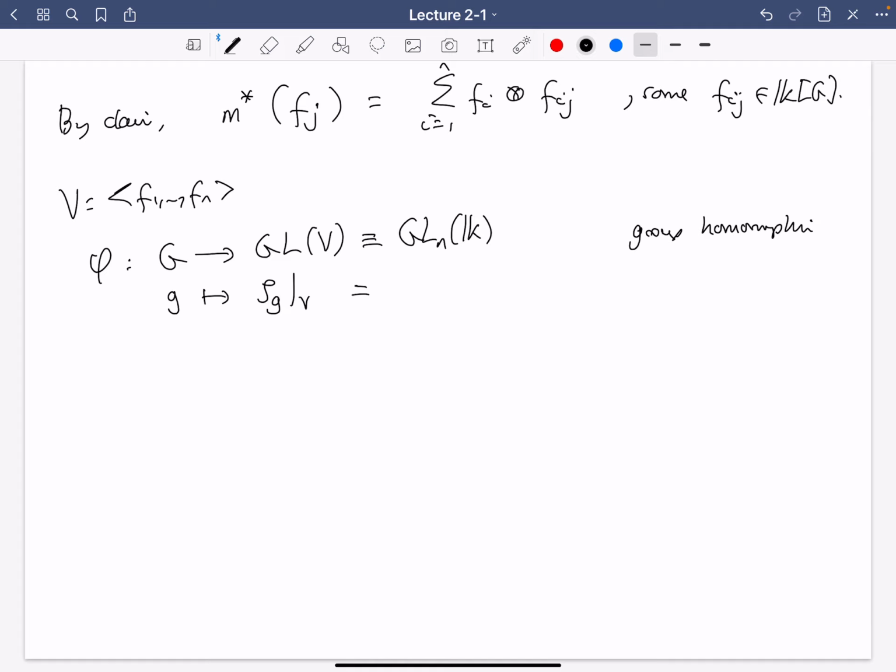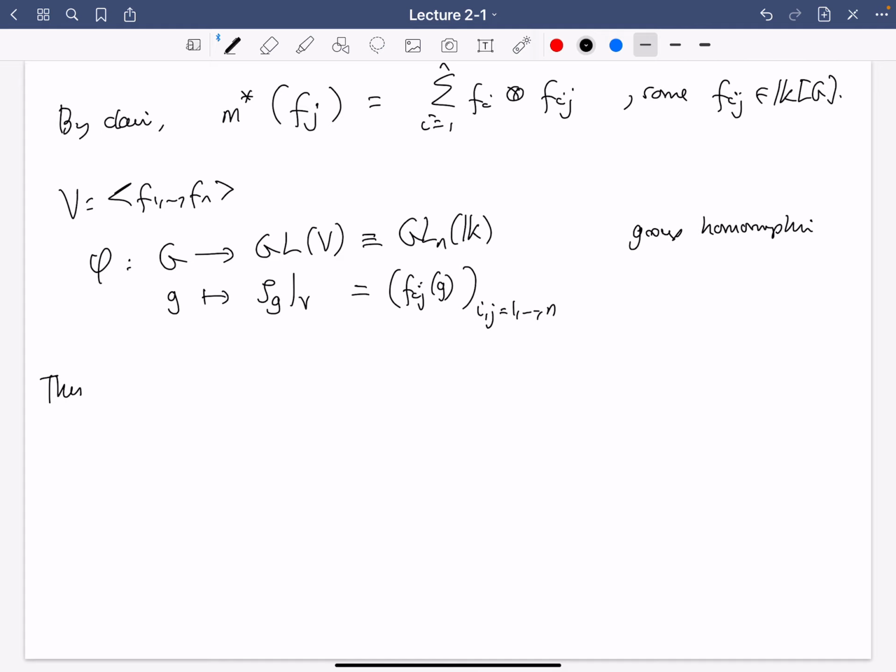And if you write that right translation as an n by n matrix in that basis, you find that it's exactly fij of g. So these fij's are exactly the entries of the matrix representation that we've got in this way.